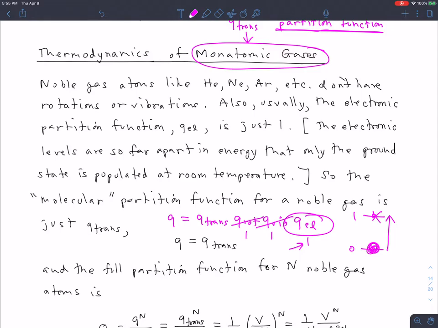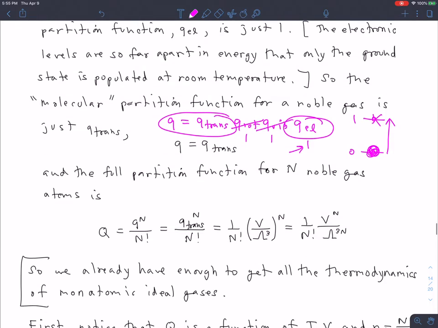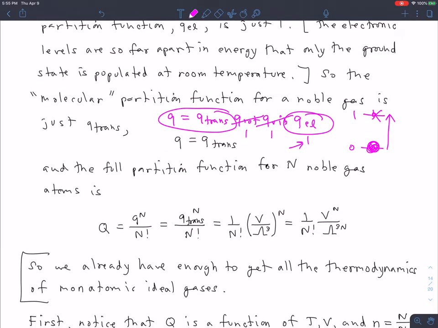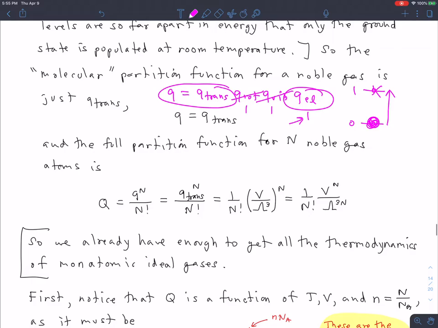And that means that the molecular partition function is just the translational partition function, to a good approximation, in fact, for noble gases, for monatomic gases. So we can put our result that we have already into our formula for the full partition function for the whole set of N molecules, or N atoms in this case.